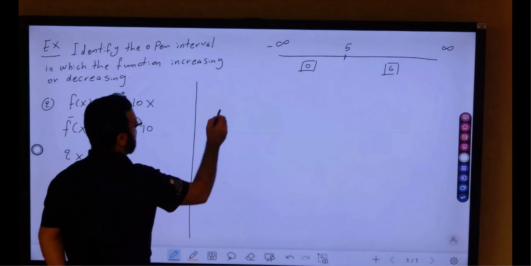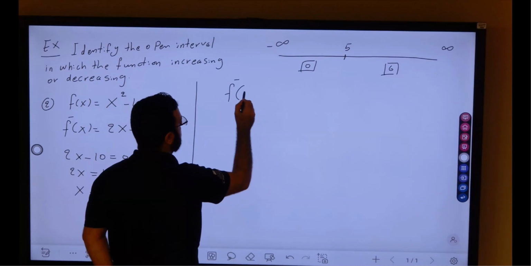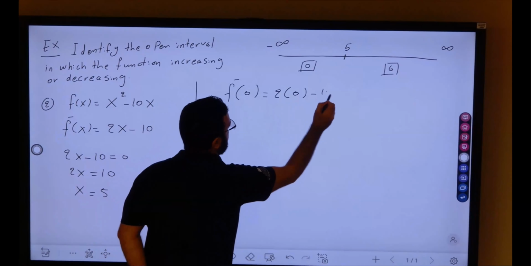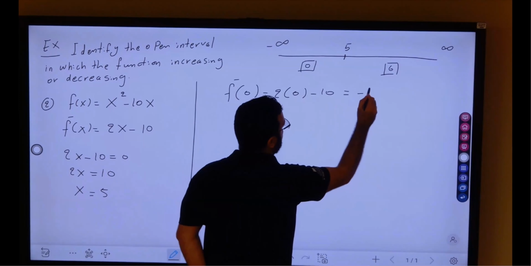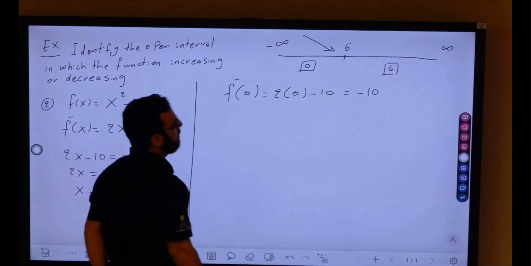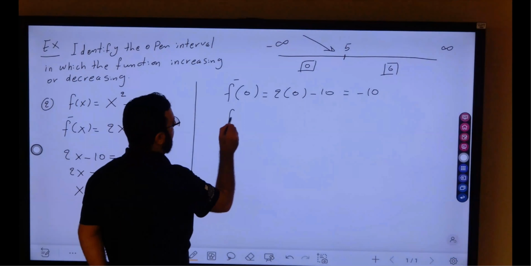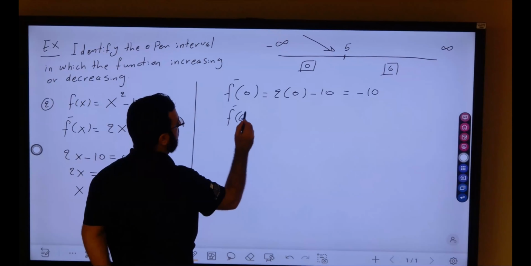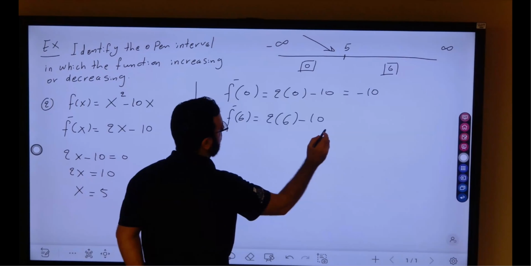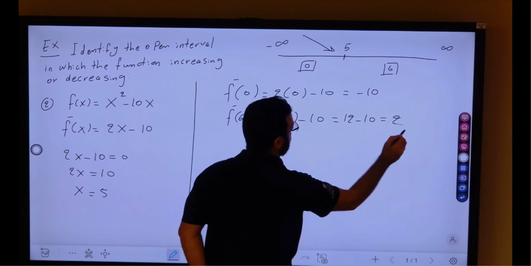Check the first derivative. The first derivative at x equals 0 is going to be 2 times 0 minus 10. In this case, it's going to be negative 10. That means decreasing. F prime of 6 is going to be 2 times 6 minus 10, so 12 minus 10, so it's going to be 2.